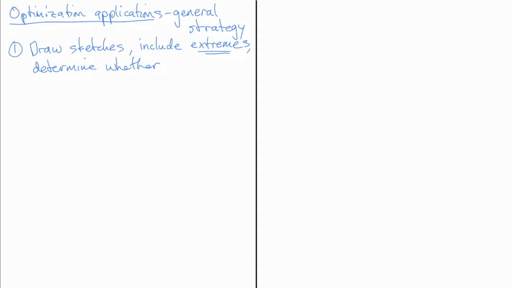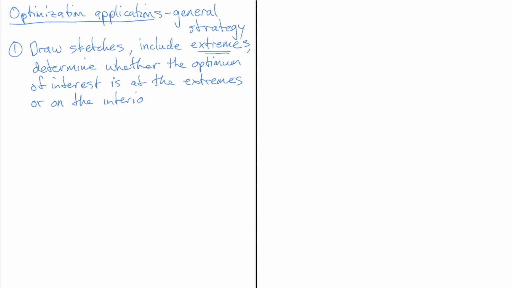Then determine whether the optimum of interest is at the extremes, in which case you're going to find the largest value of the function at the endpoints of some interval, or on the interior.